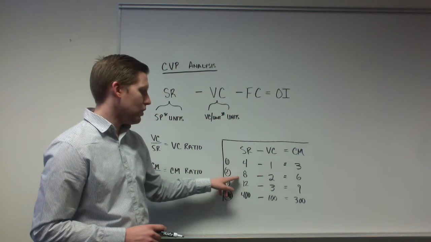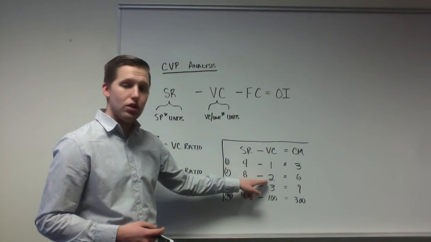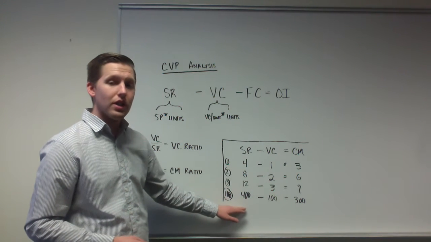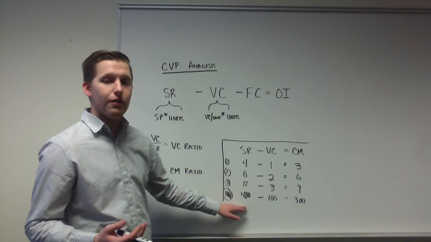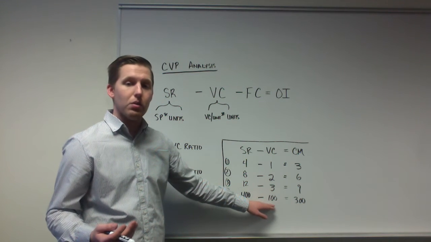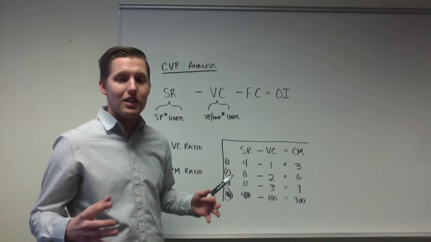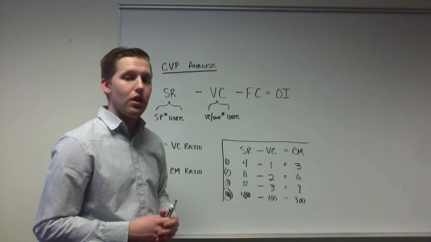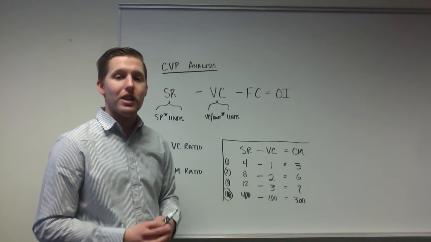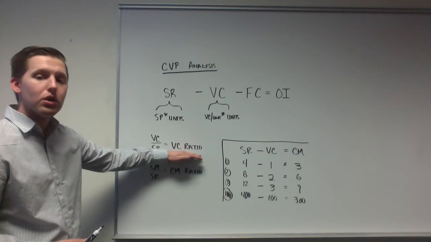If I sell 2 units, 25% of $8 is $2, which is my variable cost. If I sell 100 units, 25% of $400 is $100, which is my variable cost. So always, no matter how much I sell in this scenario, my variable costs are always 25% of my sales revenue. That 25% is your variable cost ratio.